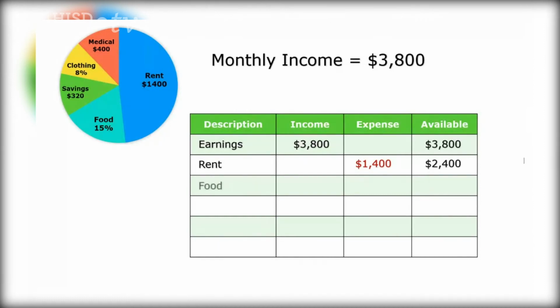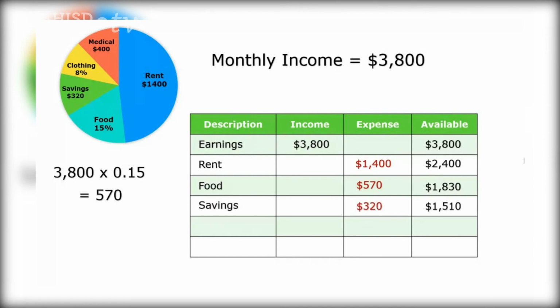Now the food is given as a percent, so we need to multiply 0.15 times 3,800 in order to get our total expense on food, which is 570, and that's going to be also deducted from 2,400, which brings our available balance to 1,830. Then we have our savings, which is 320, and our clothing is equal to 8%.